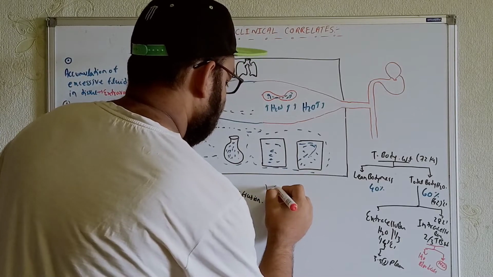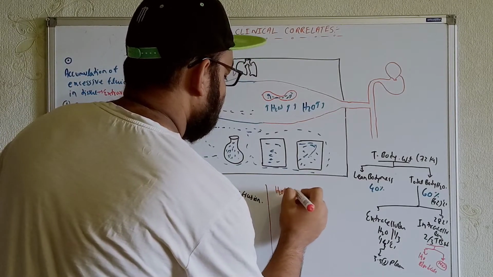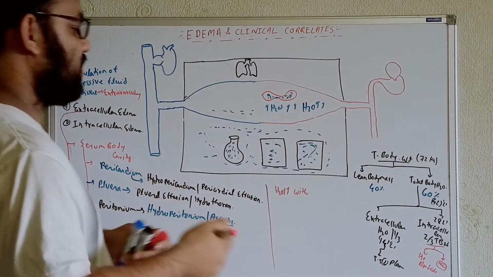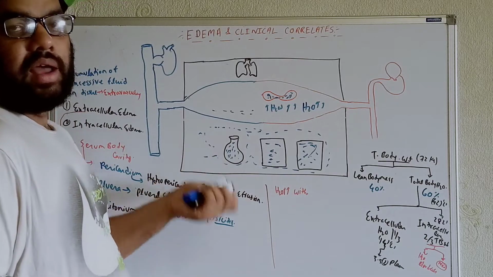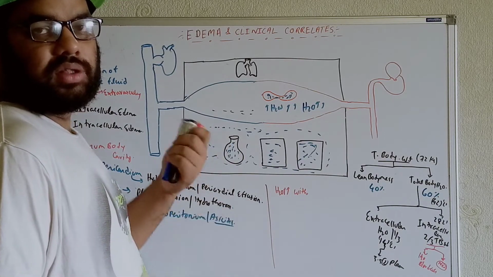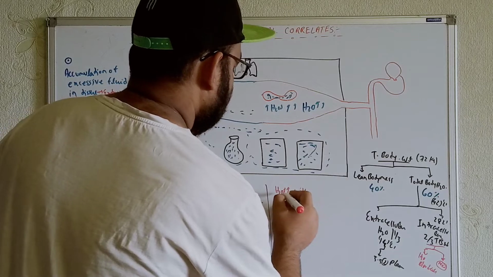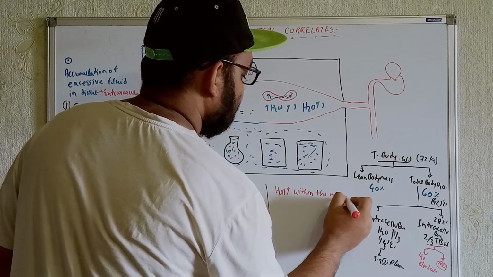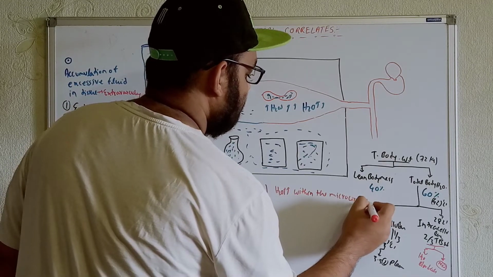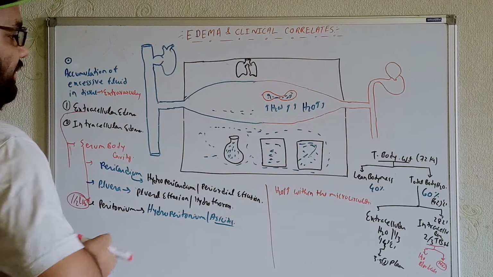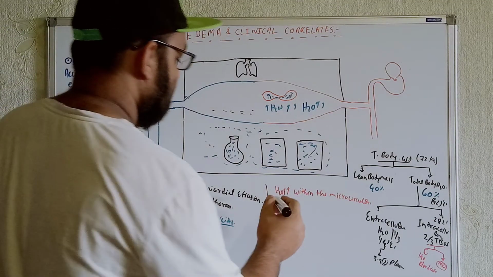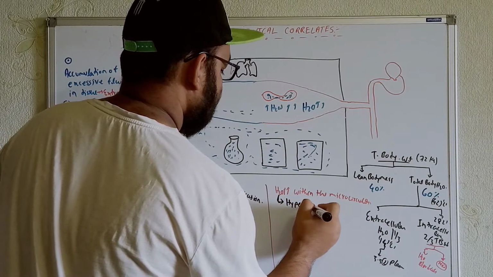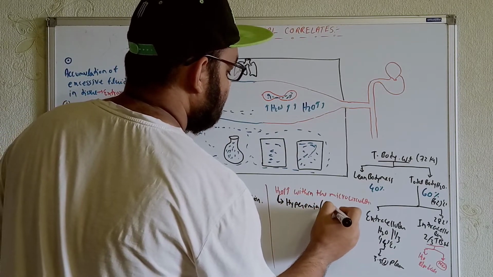So if we get fluid accumulations within the microcirculation around the tissue, if we write water accumulations within the microcirculation, this is known as hyperemia. Another term for it is congestion.